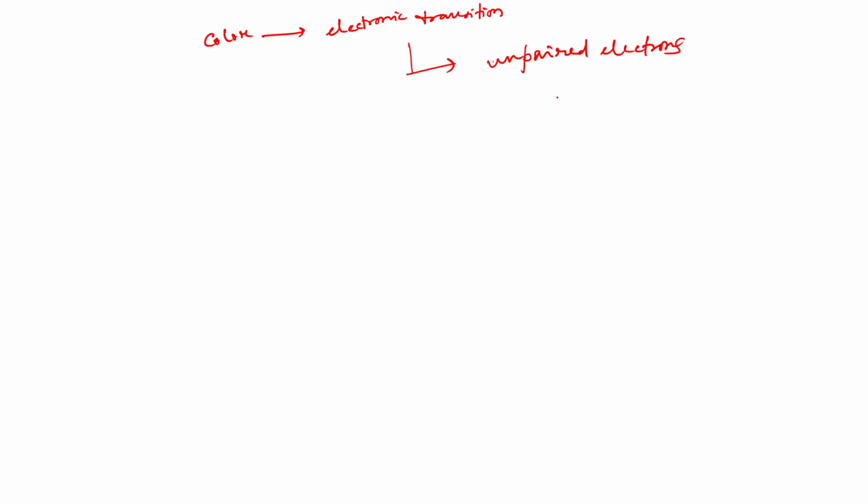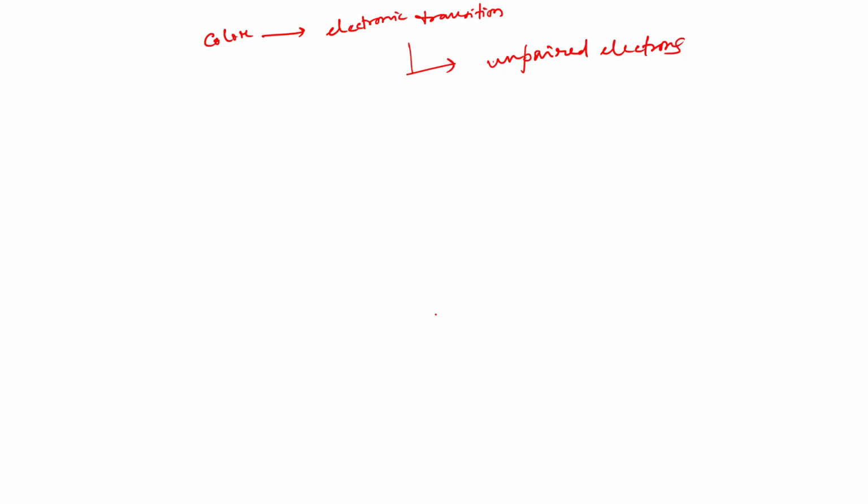So we know that electronic transition between different orbitals is necessary for generating color, and the electron which is unpaired will move very easily than the electrons which are already paired up. Now in the question, we have to find out the color of aqueous solutions of lanthanides.